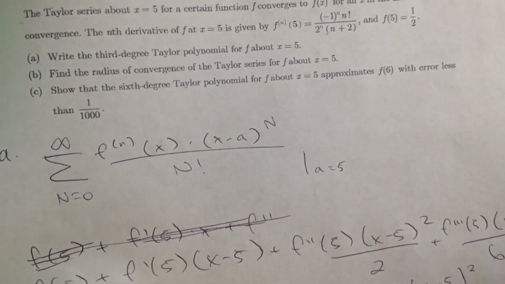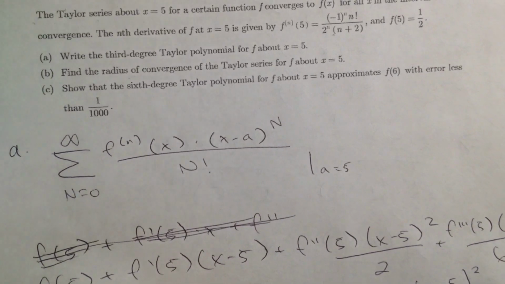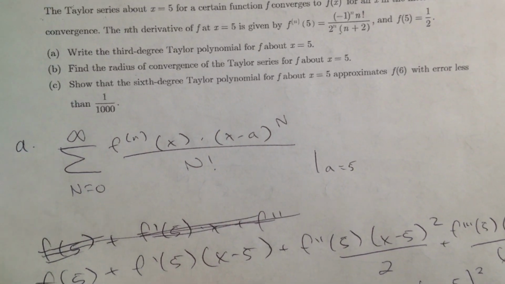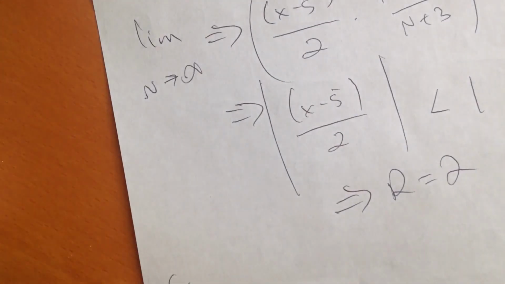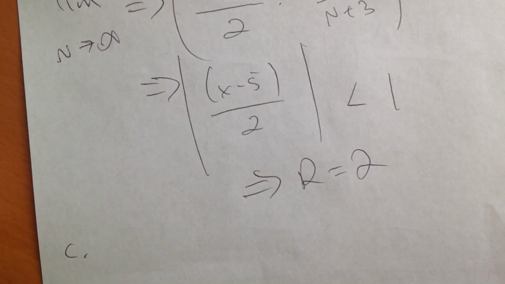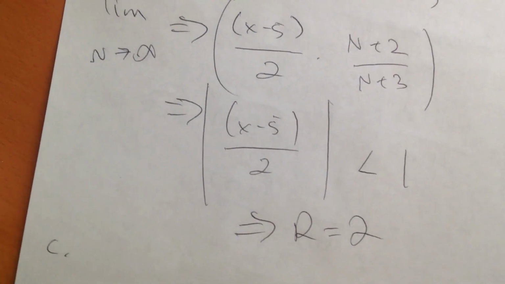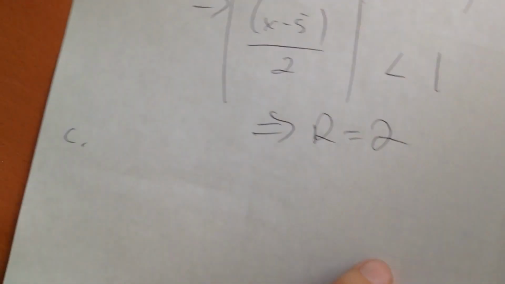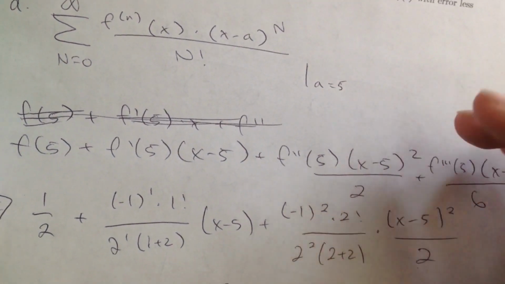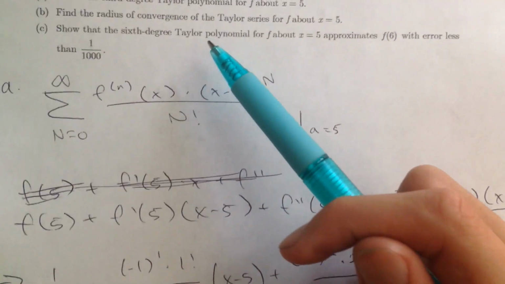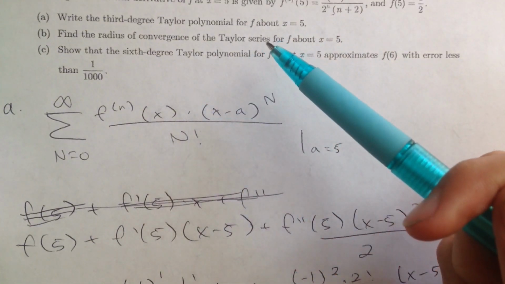Part C asks us to show that the 6th degree Taylor polynomial for f about x equals 5 approximates f of 6 with error less than 1 over 1000. So this is a pretty straightforward application of our alternating series error remainder theorem, or whatever it's called. So we want to show that the 6th degree Taylor polynomial has some degree of accuracy.